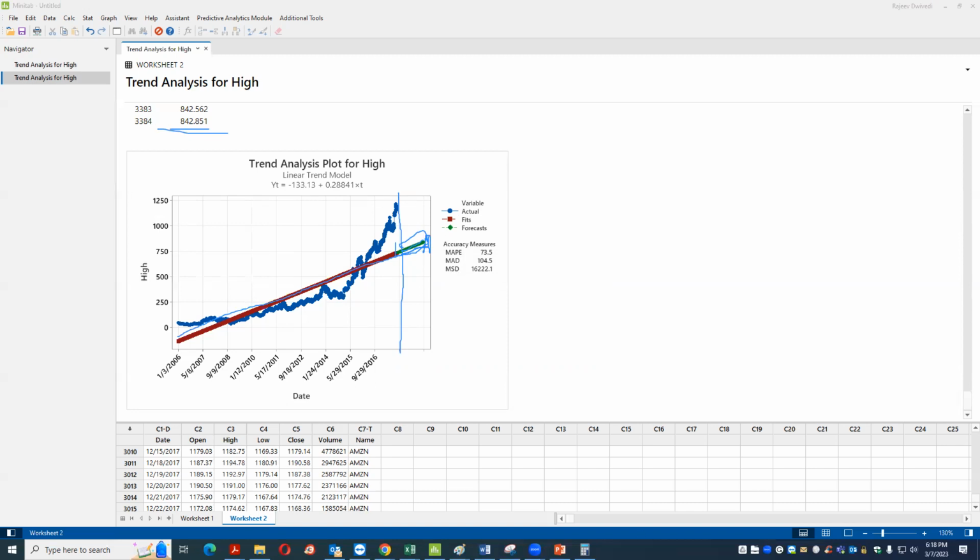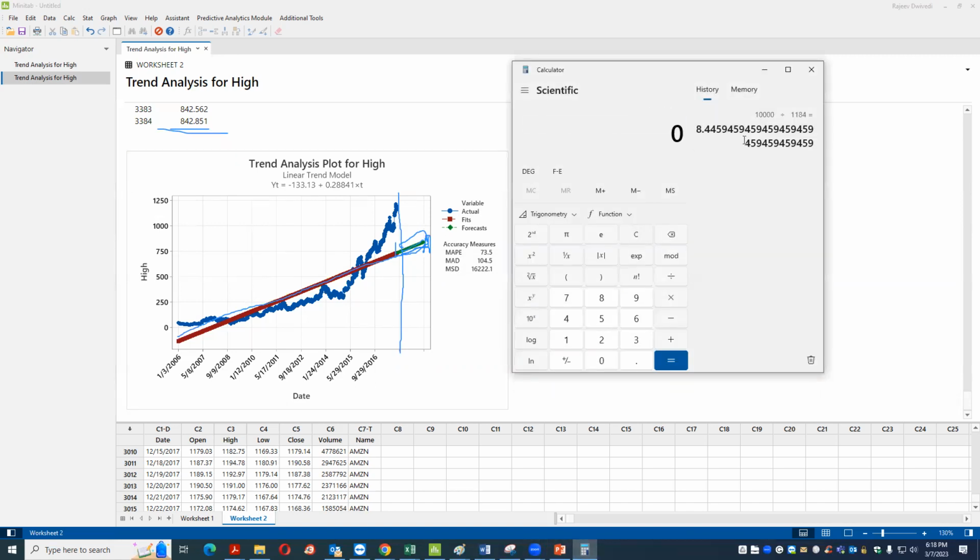That means if we use the linear forecasting model, we are going to lose money. Why? Because I have 8.45 stocks, so 8.45 times roughly 843. I put in $10,000, but I'm getting about 7,123 after 365 days.